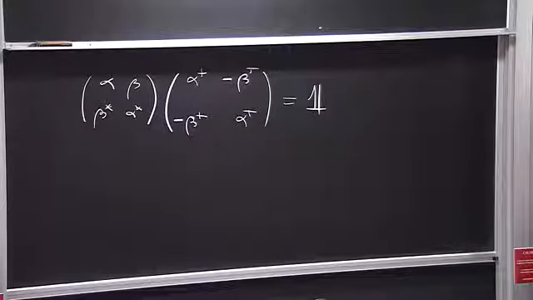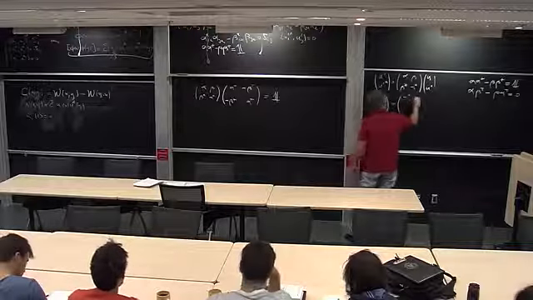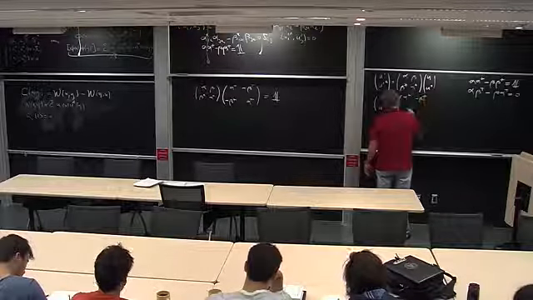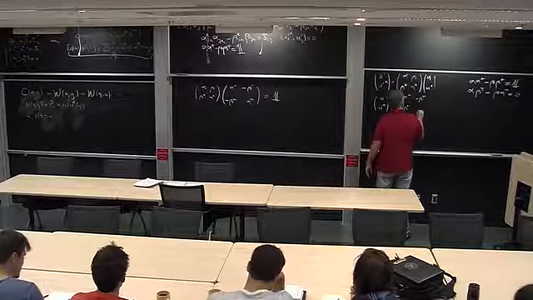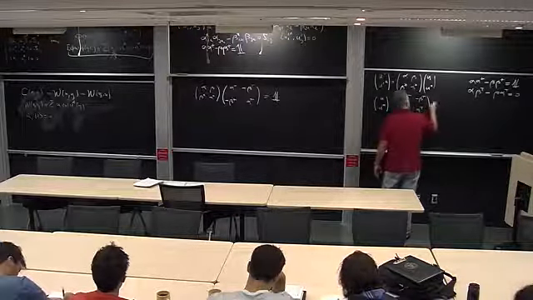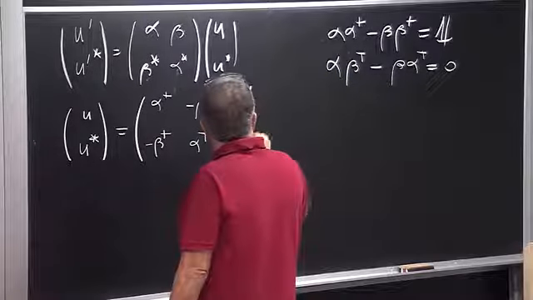So we get the inverse transformation here. U star equal alpha dagger minus beta transposed minus beta dagger alpha transposed u prime star.